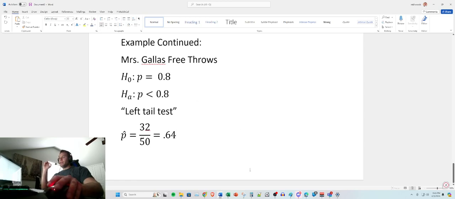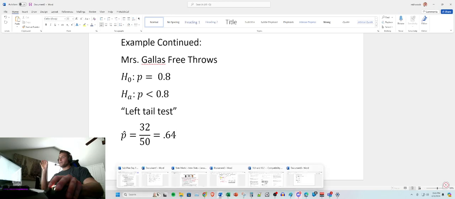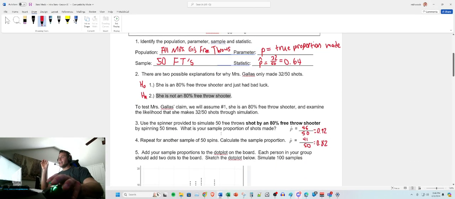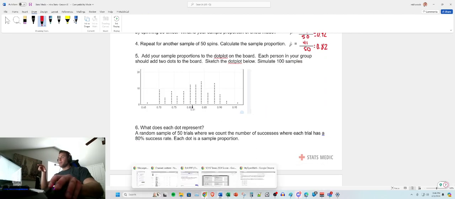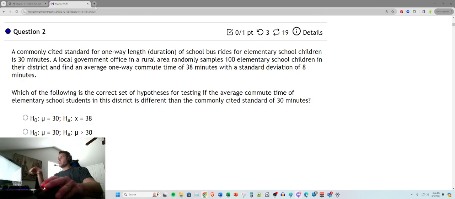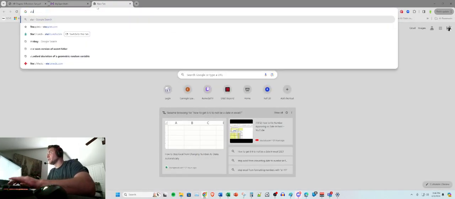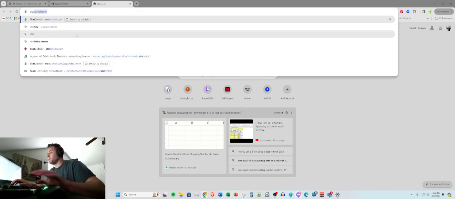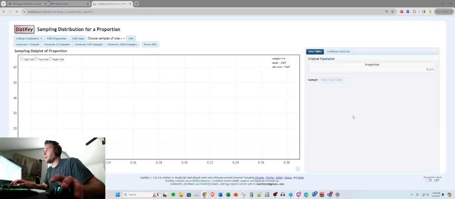Now, what we did in the other notes was we used StatKey to help simulate this, and we built a sampling distribution. So I'm going to pull that up again for us, and we're going to do this again, but this time I'm going to make a very, very large sampling distribution.